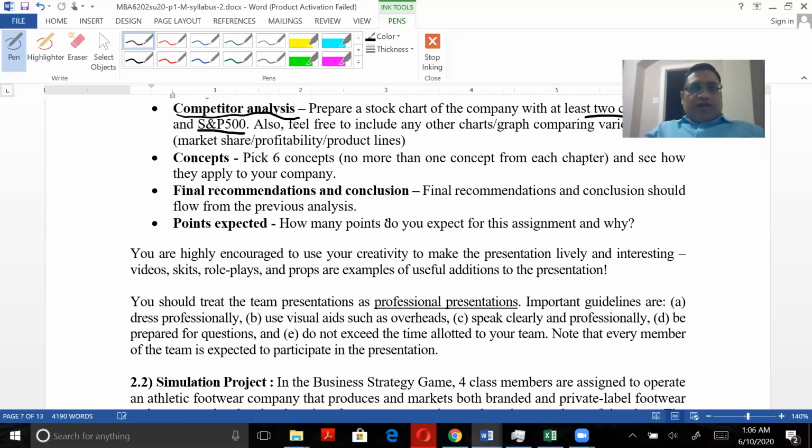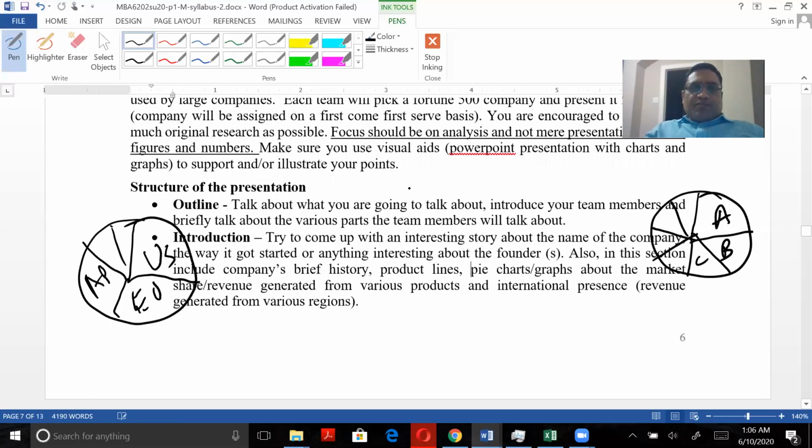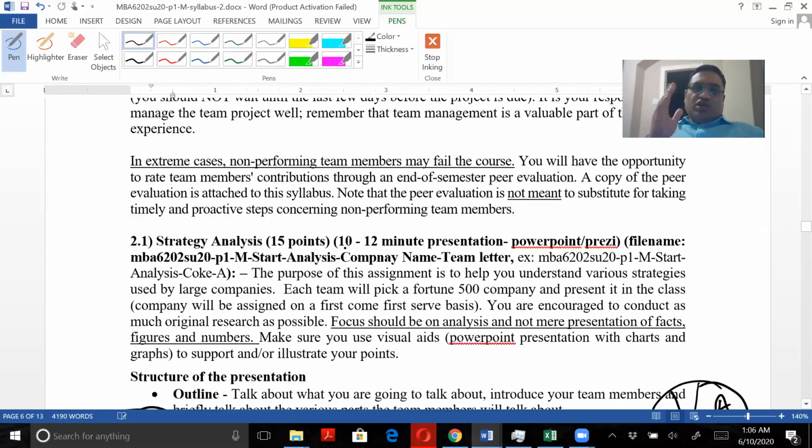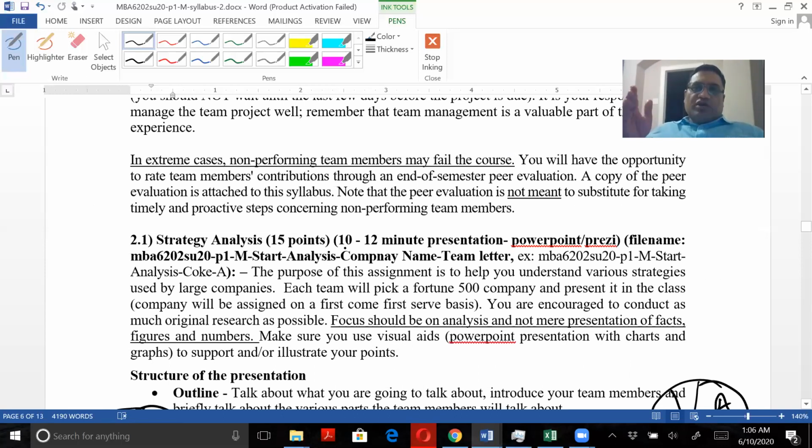So, quick recap. If you've not already picked a company, make sure you pick it. Then, this is an important point, make sure that you divide it up equally among your teammates. So make sure each and every teammate is talking for approximately an equal amount of time.